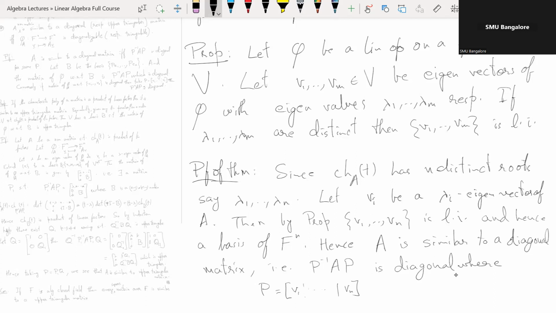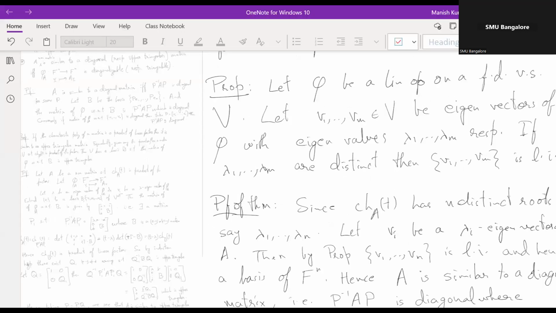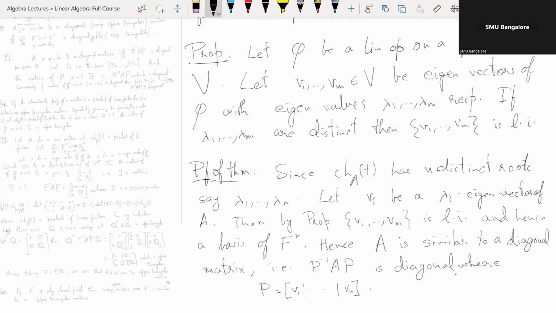You'll use this matrix essentially, and you'll get the diagonal matrix. So this is the change of basis matrix from e_i to V1 to Vn. Is that fine, everyone? So this is the proof of the theorem, assuming the proposition.